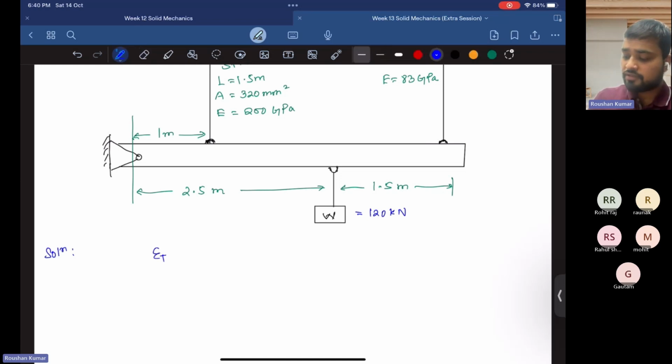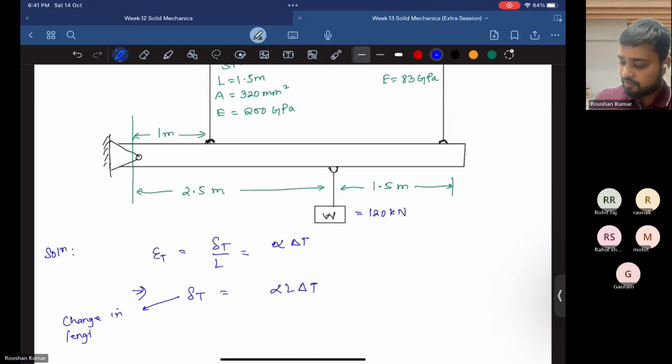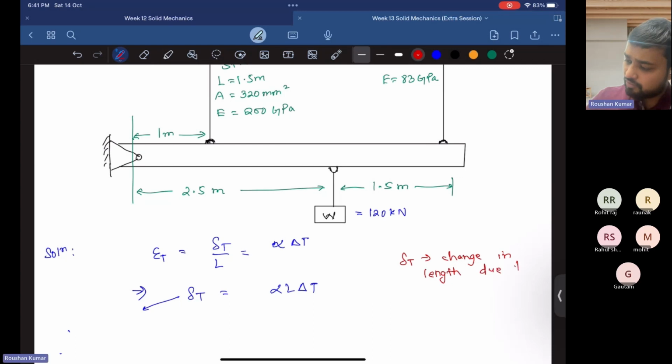So we know that the thermal strain, which is nothing but delta T upon original length, is given by alpha times delta T. So from here, delta T is given by alpha L delta T. So this is the change in length due to temperature change.